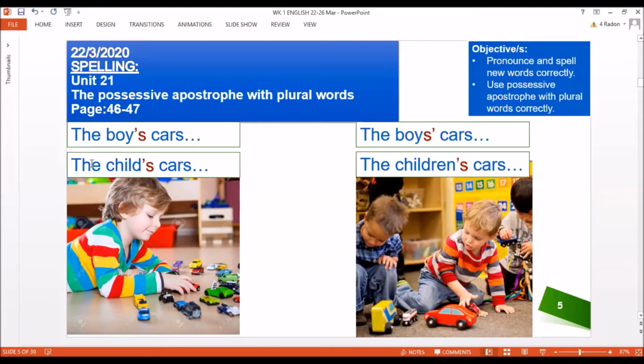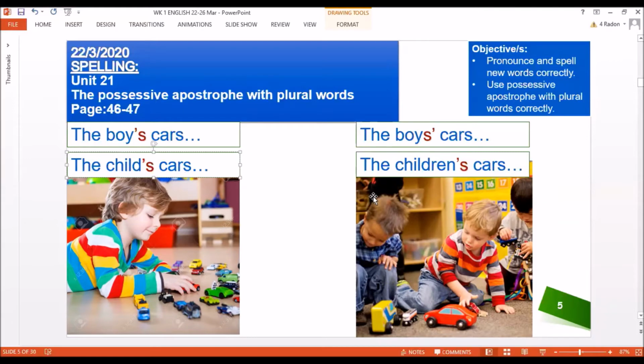Or we can write the child's cars. Instead of saying the cars of the child or the cars belong to the child, we can simply write the child apostrophe s cars. The apostrophe s here shows us that the cars belong to the child.